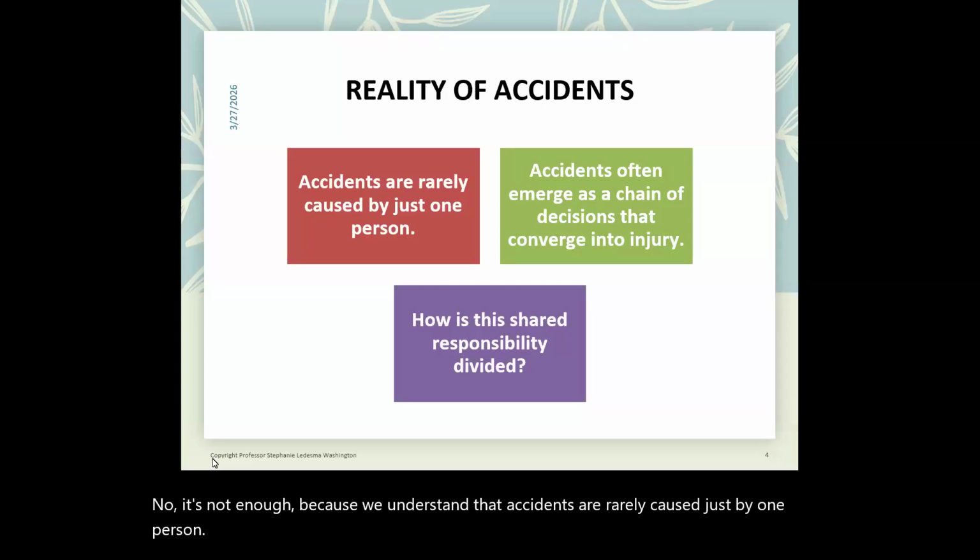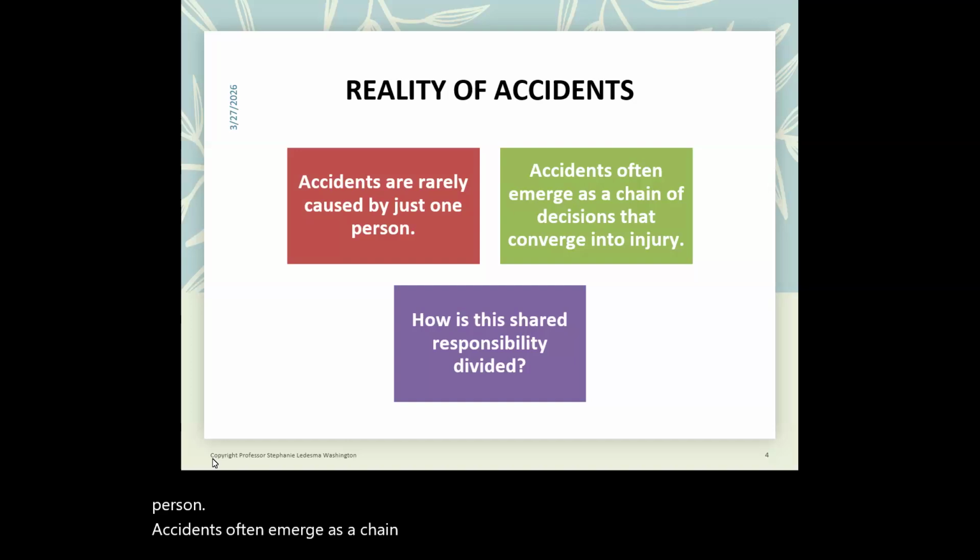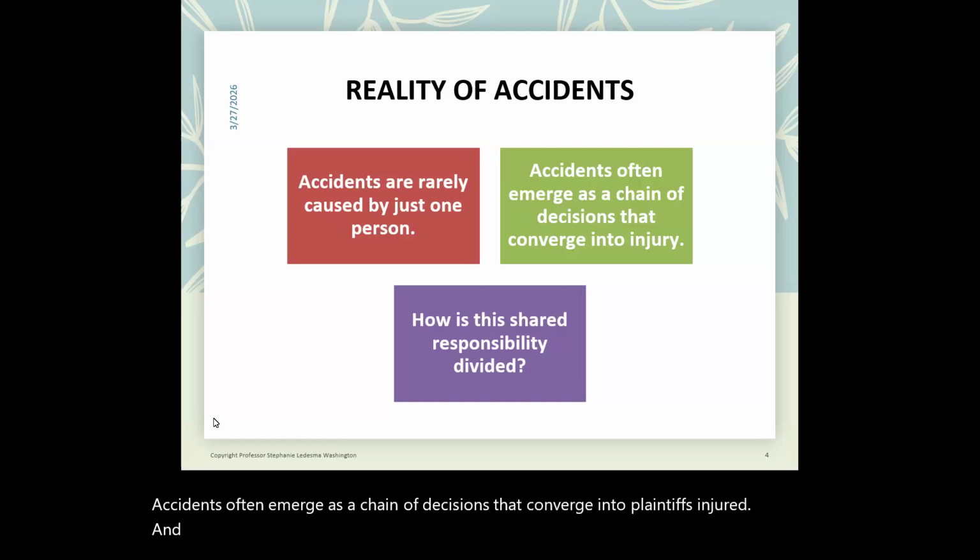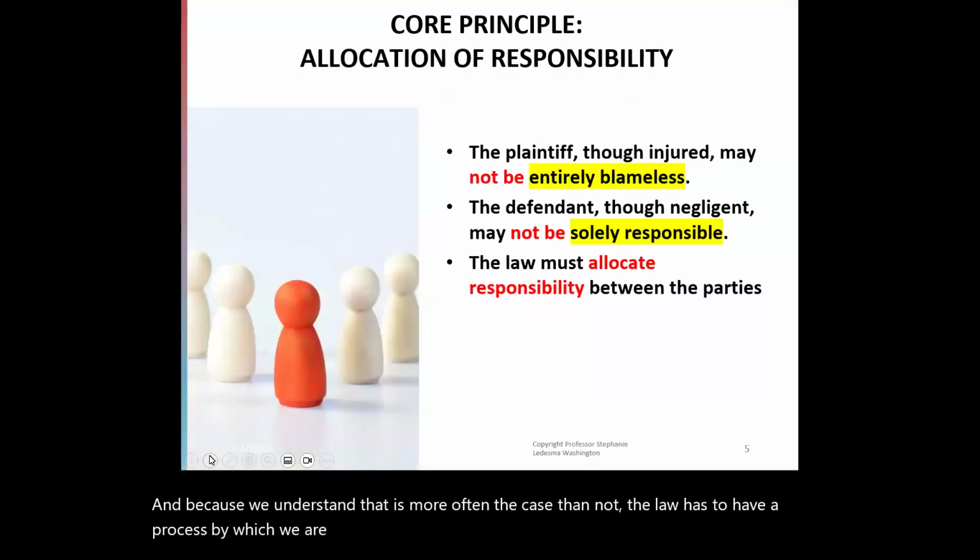Accidents often emerge as a chain of decisions that converge into the plaintiff's injury. And because we understand that that is more often the case than not, the law has to have a process by which we are going to determine how to share liability responsibility between the plaintiff and the defendant.